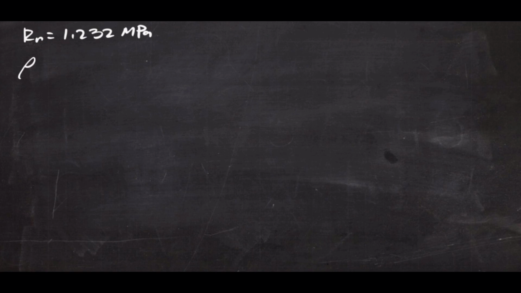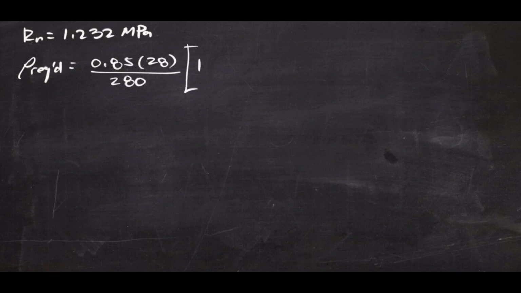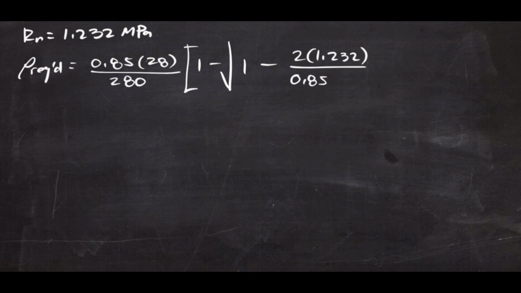Continuing with the reinforced concrete design formulas, the required steel ratio can be computed. So we have 0.85 times the compressive strength of concrete divided by the yield strength of steel times quantity 1 minus the square root of 1 minus twice of 1.232 megapascals divided by 0.85 times 28 megapascals, which is the compressive strength of concrete.